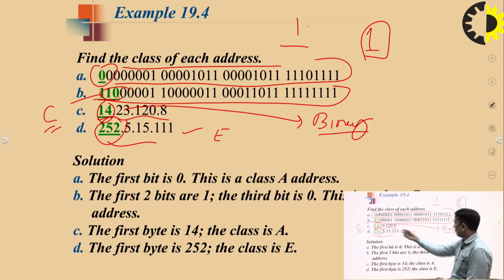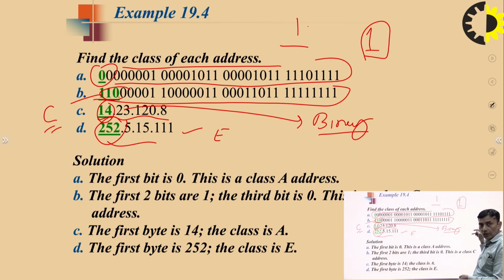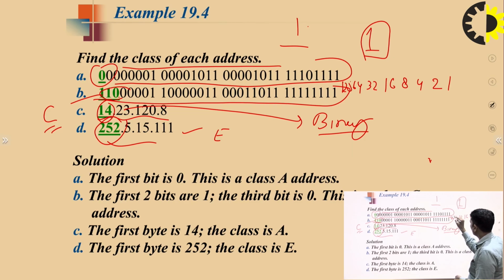So, to convert 14, we write the weight of each position of the binary number. This is the first bit, LSB, 1, 2, 4, 8, 16, 32, 64, 128. Okay, 8 bits are written here: 1, 2, 3, 4, 5, 6, 7, 8.